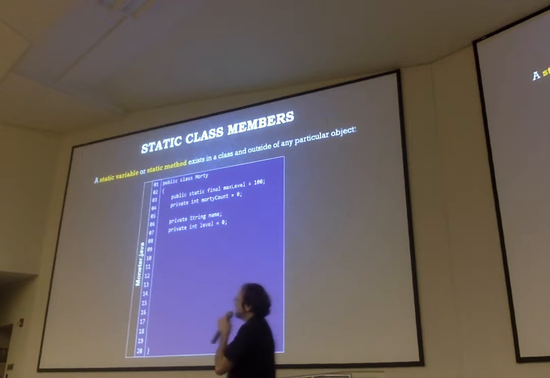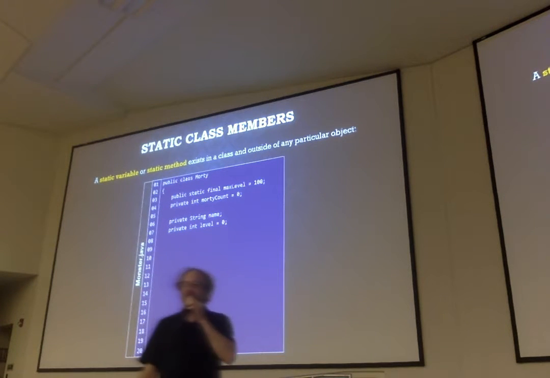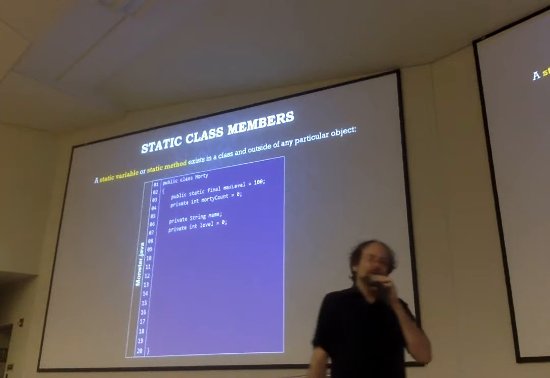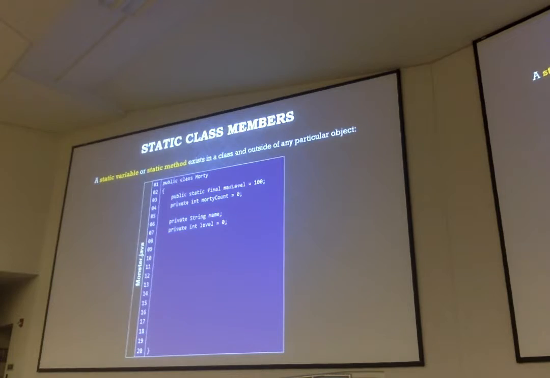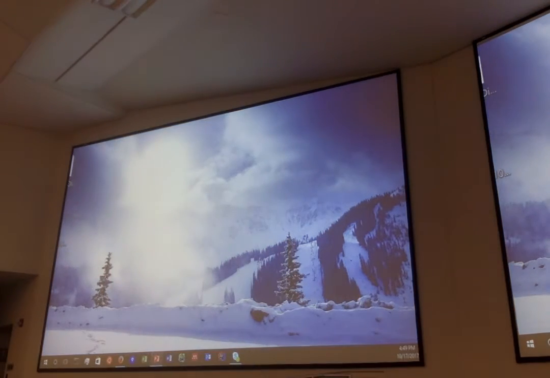I might also want to keep track of how many Mortys I have created so far. And to do that, I would use a Morty count. And I made a mistake because this is also supposed to be static. So I'm going to fix that right now. There we go.